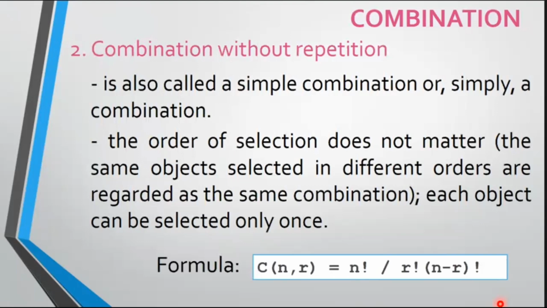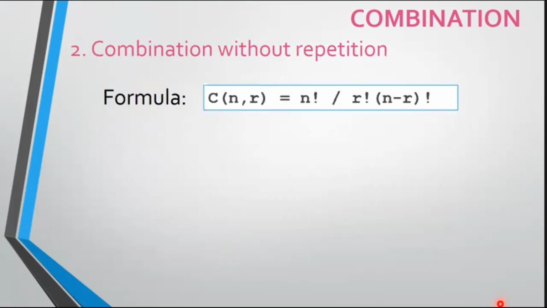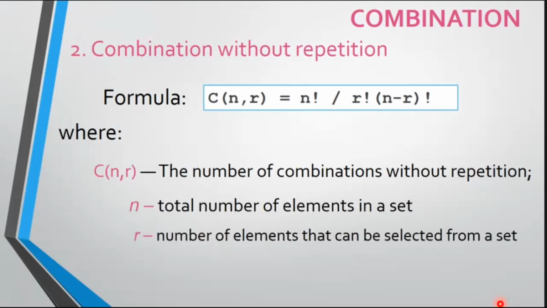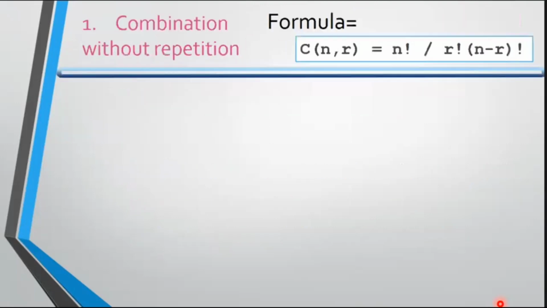So with the formula, C(n, r) is equal to n factorial over r factorial times (n minus r) factorial, where C(n, r) is the number of combinations without repetition, n is our total number of elements in a set, and r is the number of elements that can be selected from a set.